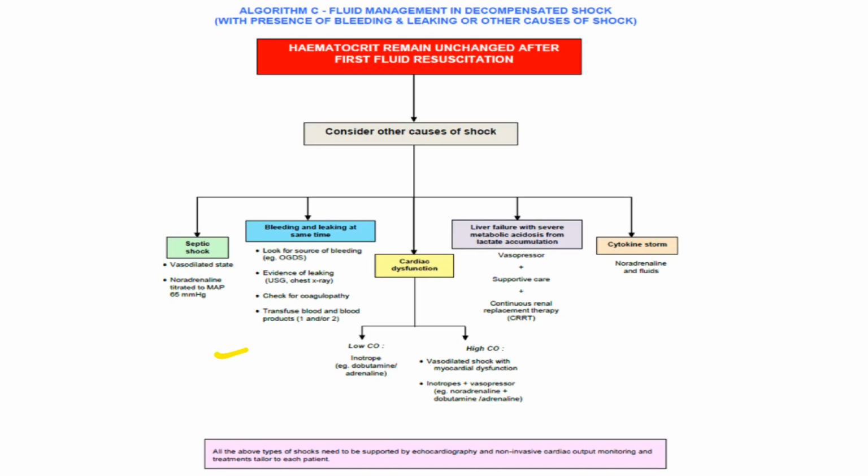Maybe a septic shock, bleeding and leaking at the same time, or the patient has cardiac dysfunction or liver dysfunction with severe metabolic acidosis with lactate accumulation, or cytokine storm. So find the cause of shock and then reverse the shock, and continue managing the patient with fluid resuscitation.